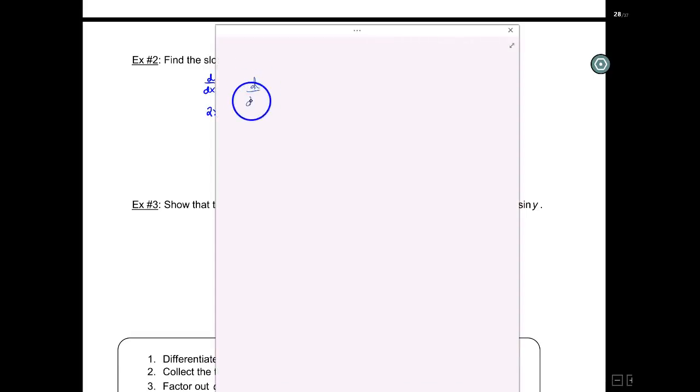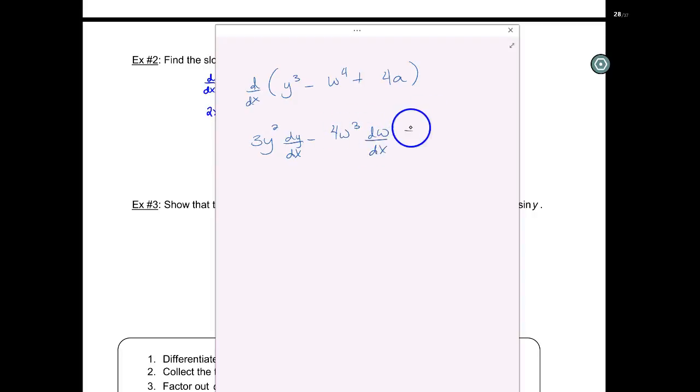So if I do d/dx and I have y to the third minus w to the fourth plus 4a. Let's just say I do the derivative of that. So I get 3y squared dy/dx minus 4w cubed dw/dx plus 4 da/dx.